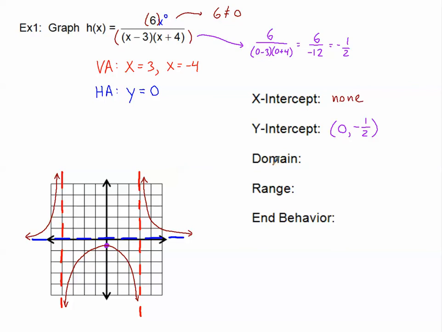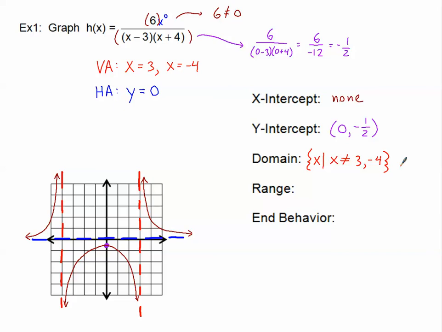Okay, domain. I like to do set notation, and I'm going to do domain. Actually, I'm going to color code it with the vertical asymptote, so I'll do red. The domain, all x such that x is not equal to, in this case, there are two values, 3 and negative 4 are no good. If you want to do set notation, that's what I would prefer.